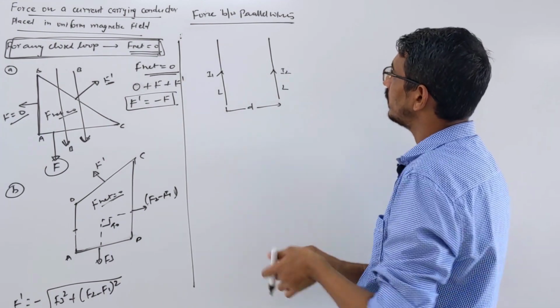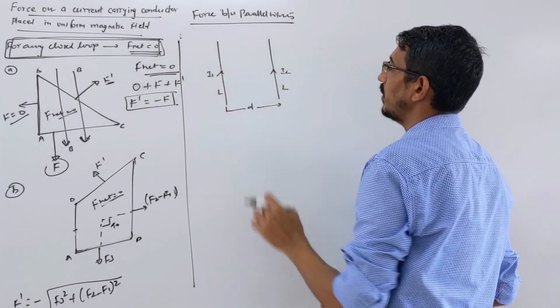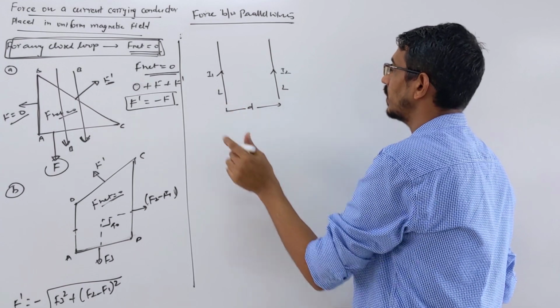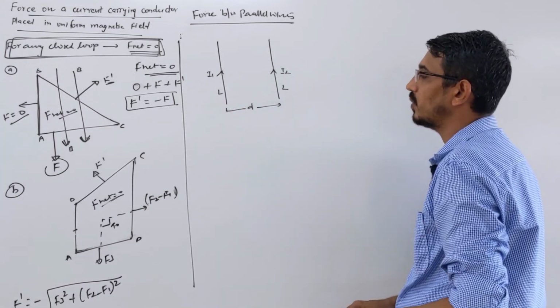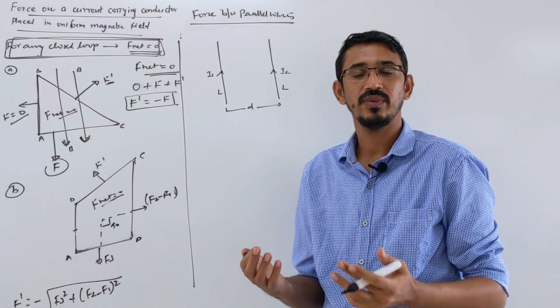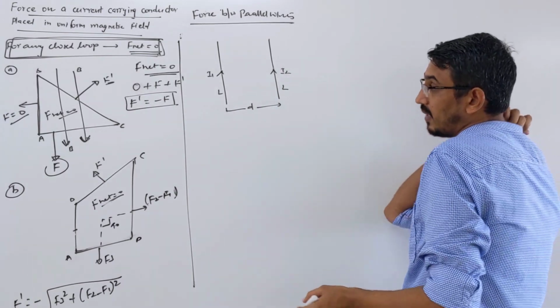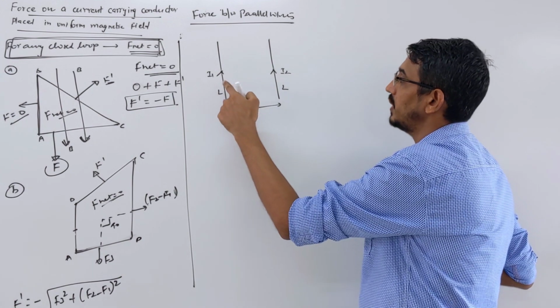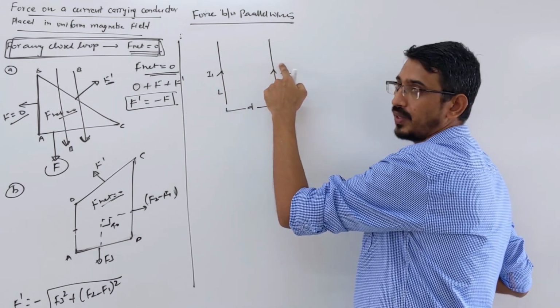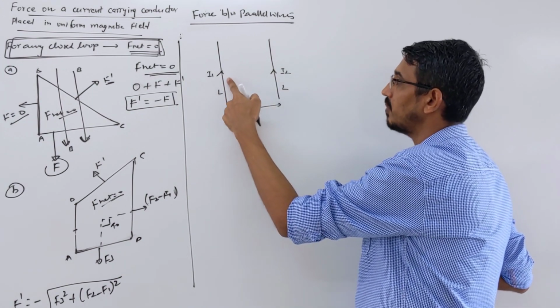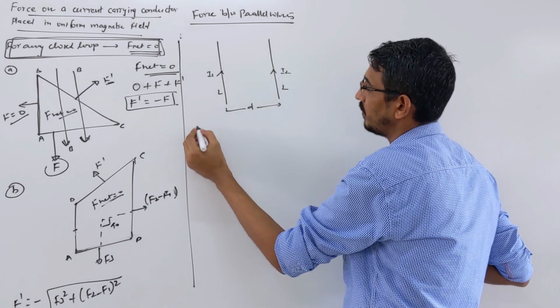So these are two wires placed parallel to each other. They will experience some force. We want to know how much force they will experience and whether it's attractive or repulsive. So let's calculate. Suppose we want to calculate how much force this wire applies on that wire. So we write the formula.